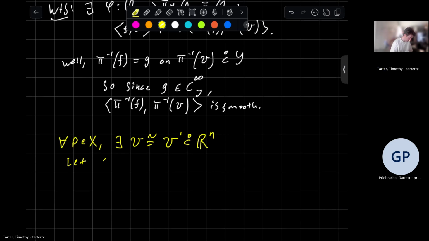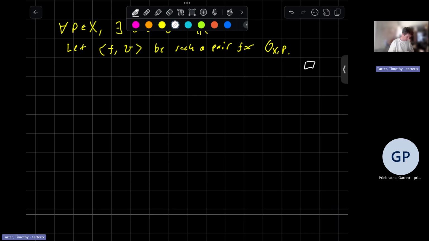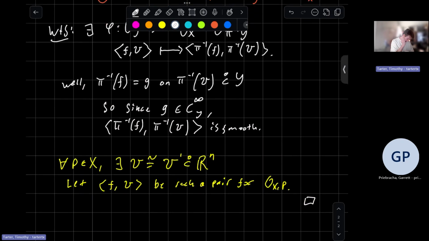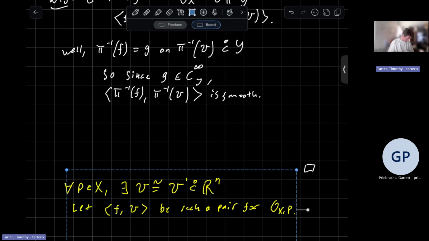Let f comma u be such a pair for OXP. And I think that covers the other part of the proof, the existence of f and u. And then I think that we're done. A little out of order, but we're done. I am actually just going to move this around so that it's in the right order.